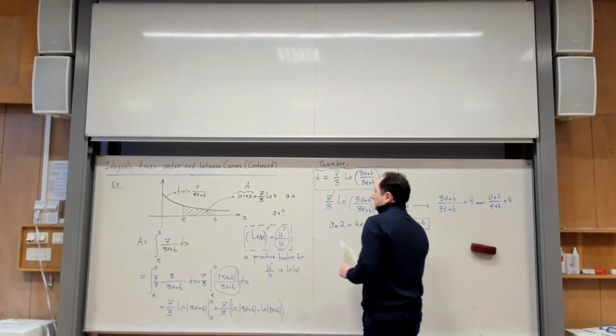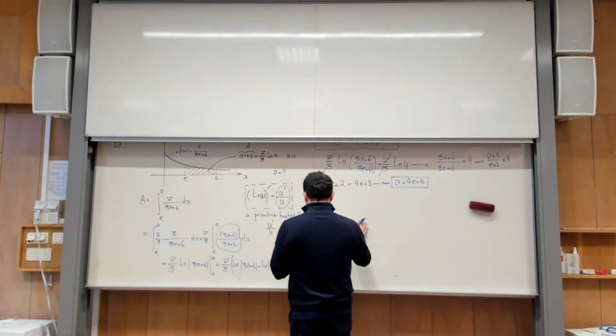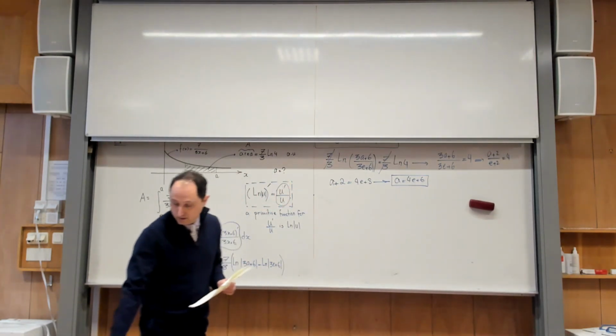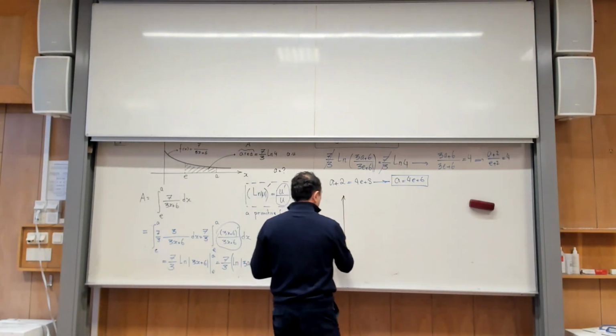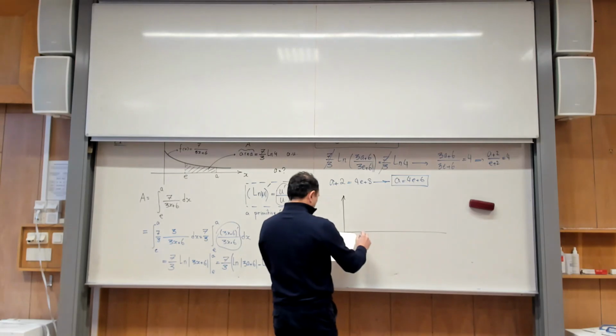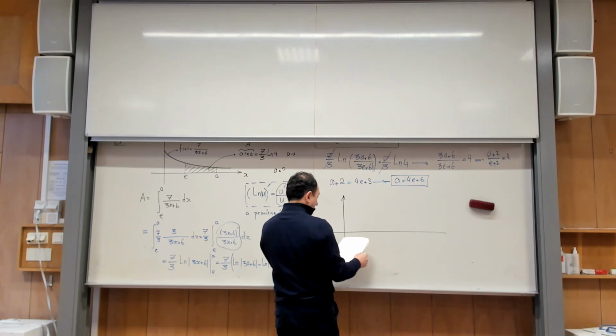So let me move to another example. A graph is given to you. It is written, the colored region is the region between the graphs of the functions sine x and sine 2x.